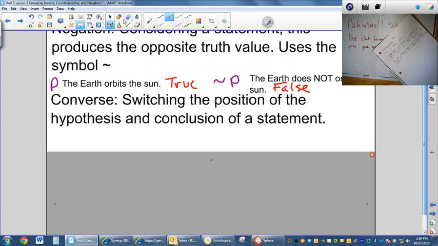So the converse, this is the next thing we're doing. The converse is switching the position of the hypothesis and conclusion of a statement.